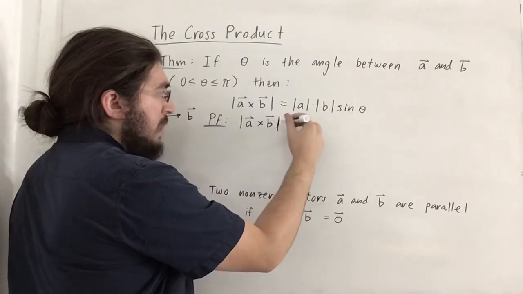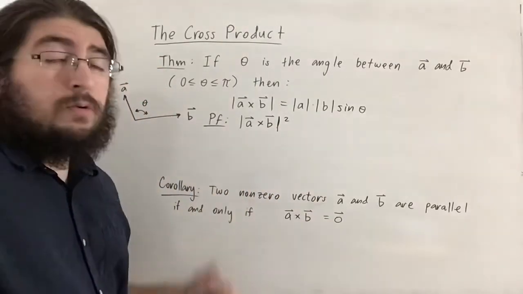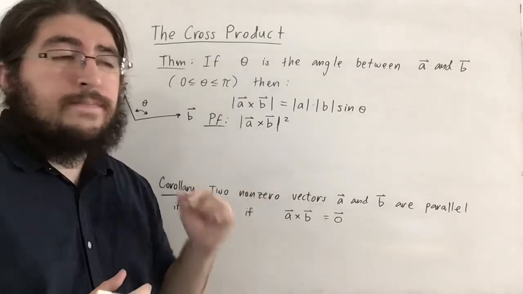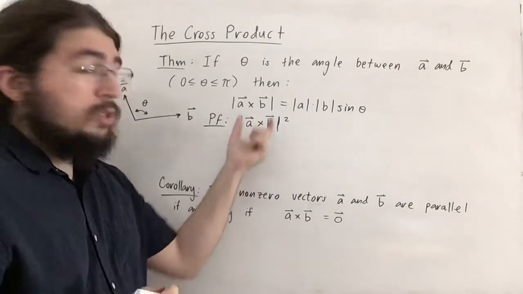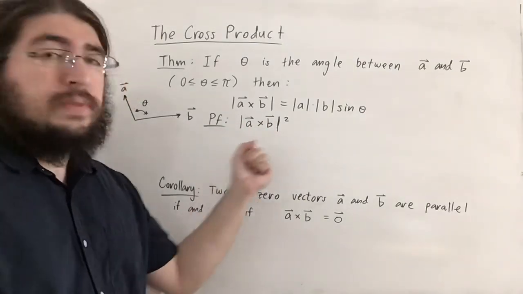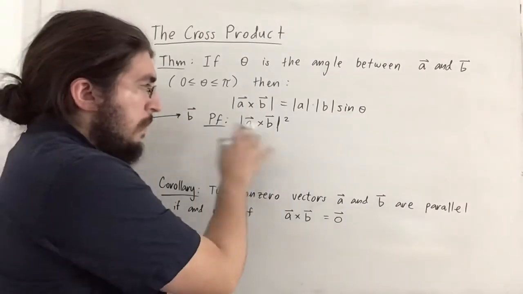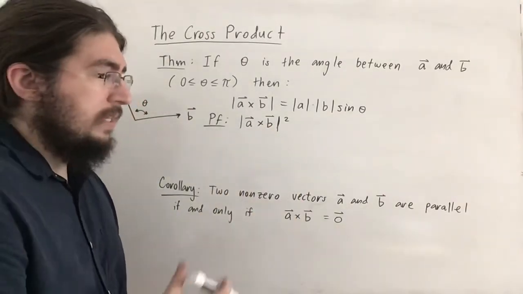And that is that if you take the square of the magnitude of A cross B, remember that the magnitude of a vector is the square root of the sum of the squares of its components. So when you're squaring the magnitude, the square root part goes away. So this is literally just equal to the sum of the squares of its components. And if you remember what the components are, we've established already a lot in this video so far.